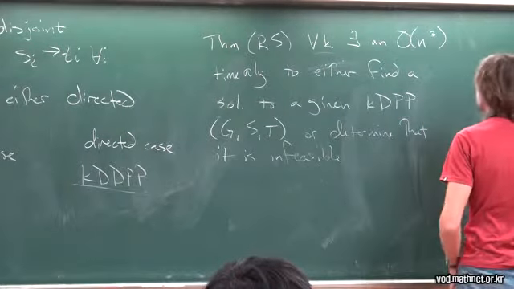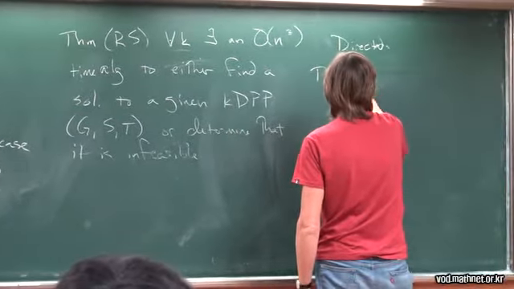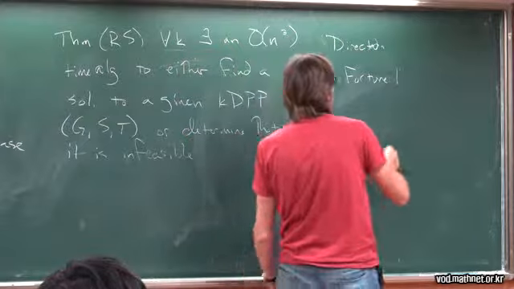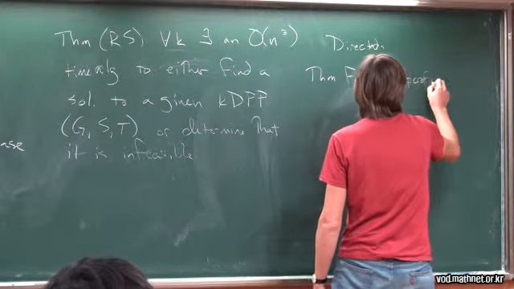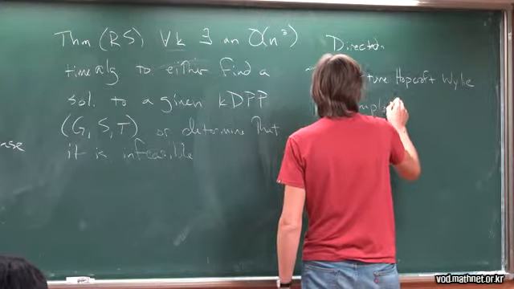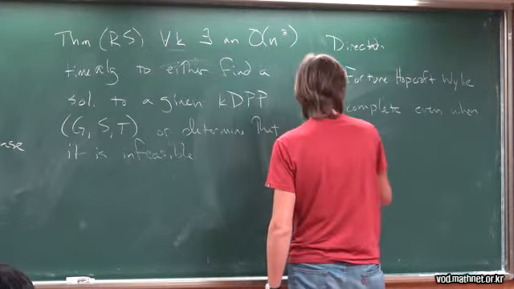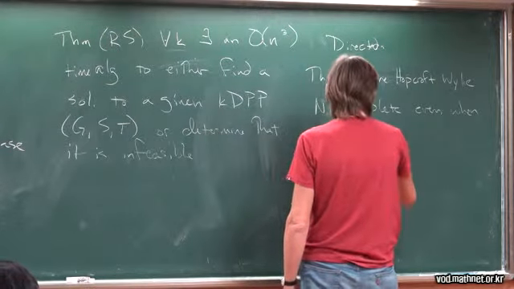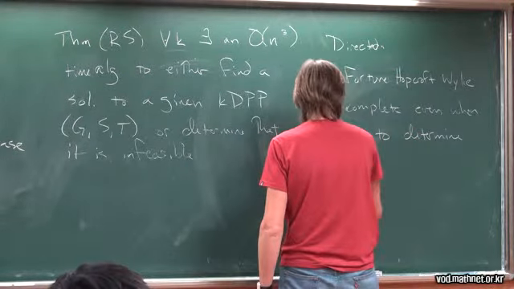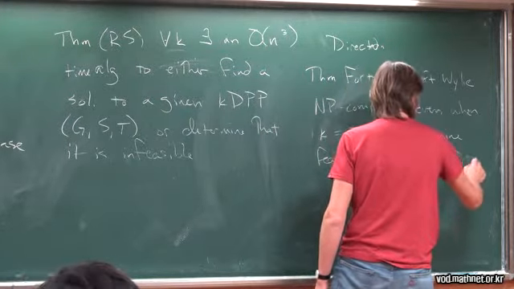So what about in the directed case? It's a theorem of Fortune, Hopcroft, and Wyllie that the problem is NP-complete even when k is equal to 2 to determine feasibility of the k directed disjoint paths problem.